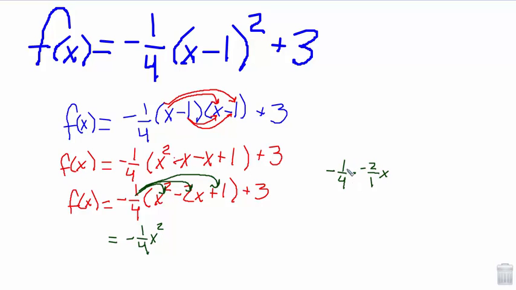If I multiply these two, negative times a negative gives me a positive, and I get 2/4 x, which is really 1/2 x. And then negative 1/4 times 1, which is negative 1/4. But I still got that plus 3.